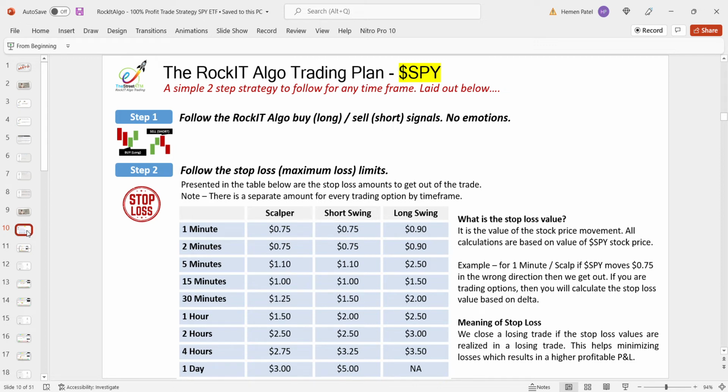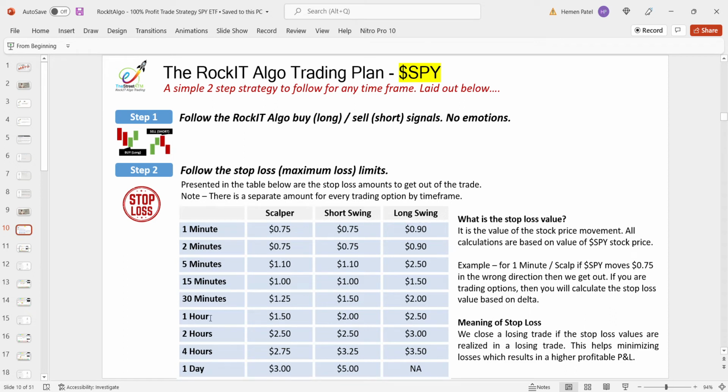Across every time frame and trading option, we have defined internally the maximum stop loss. For example, if I'm trading the 1 minute scalper, I'm not going to lose more than 75 cents. Same thing for short swing and long swing, 90 cents.